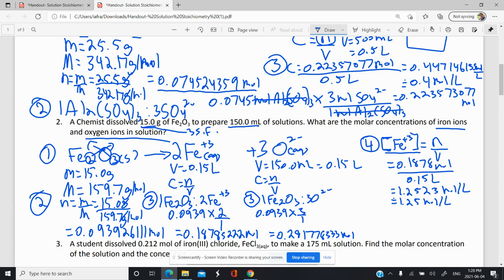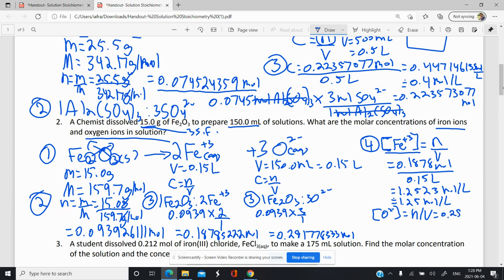And then you can do the same process, but for oxygen. So you could say concentration of the oxide is equal to N over V, which is going to be equal to, so our N was 0.281778333.